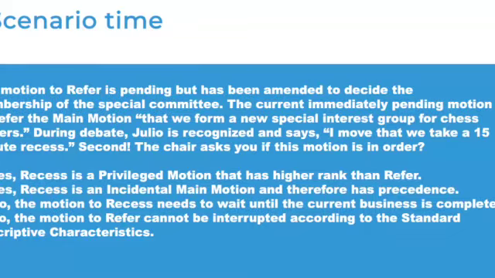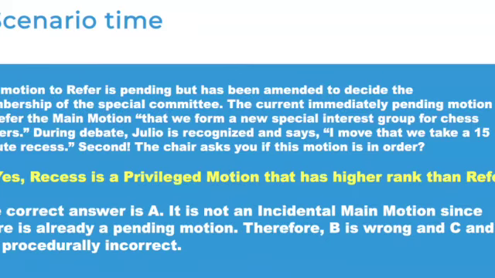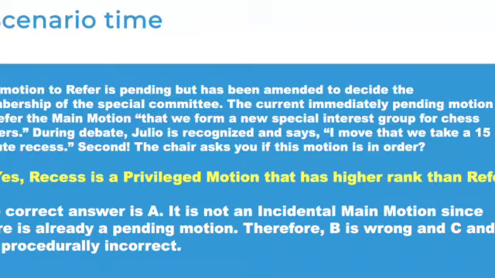What are you going to tell the chair? So the answer is A. Yes, recess is a privileged motion that has a higher rank than refer. So the motion to recess is not an incidental main motion since there's already a pending motion. So the other choices were definitely wrong.